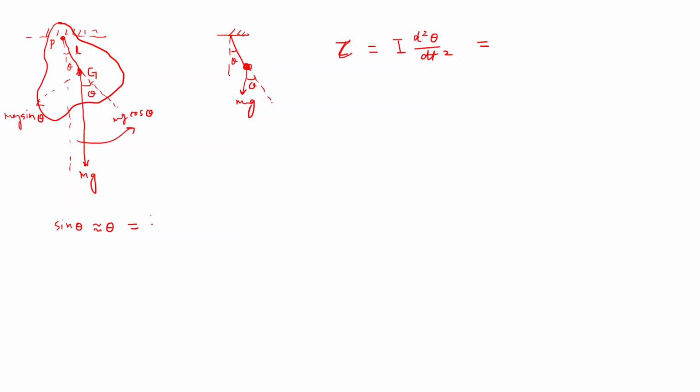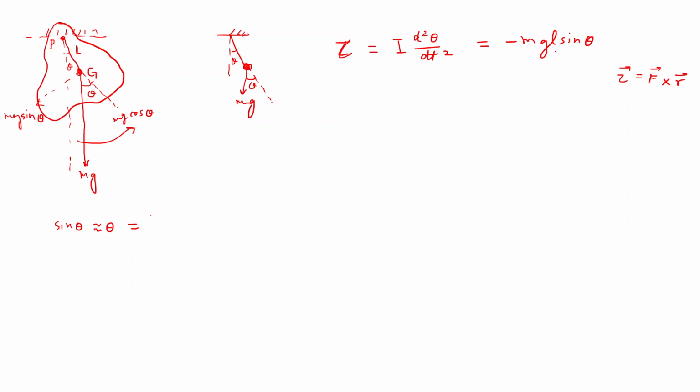For small theta, the equation of motion will be minus mgl sin theta, because torque we define as the force times the distance from the point of suspension.